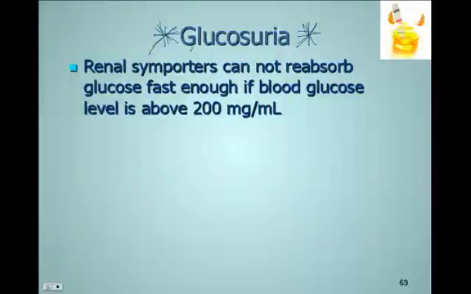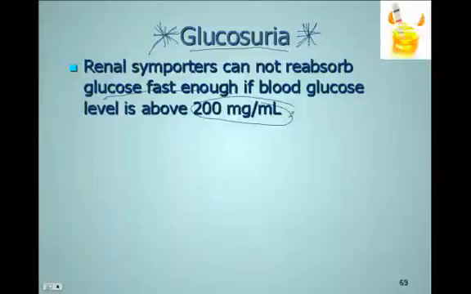If you do have glucose in your urine, this is typically a sign of disease, because 100% of your glucose should be reabsorbed back into the blood. So renal symporters cannot reabsorb glucose fast enough if blood glucose levels are above 200 milligrams per milliliter, okay?